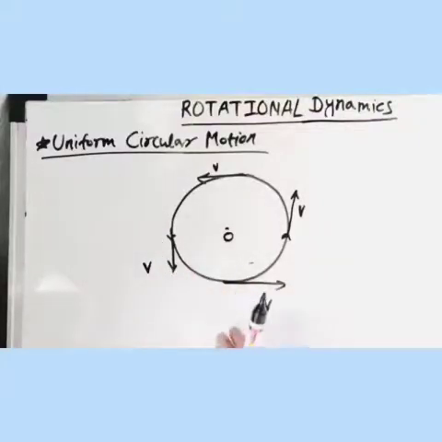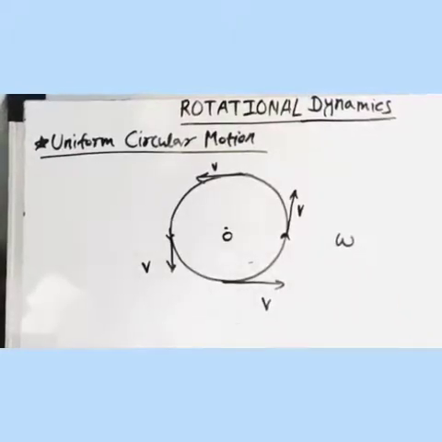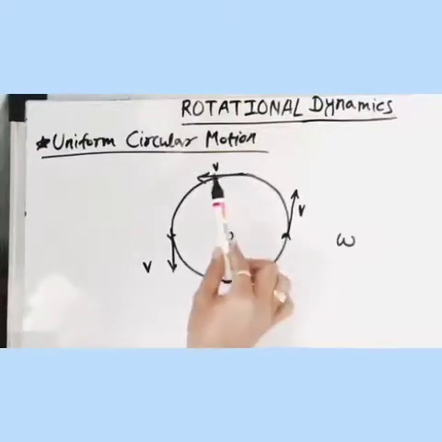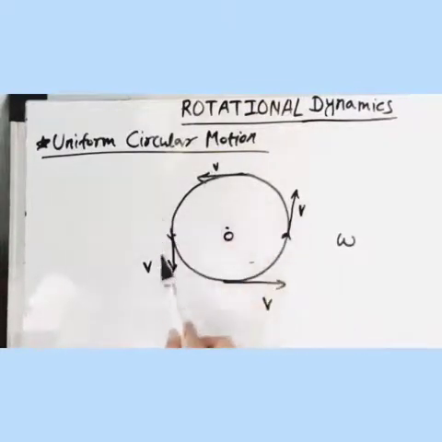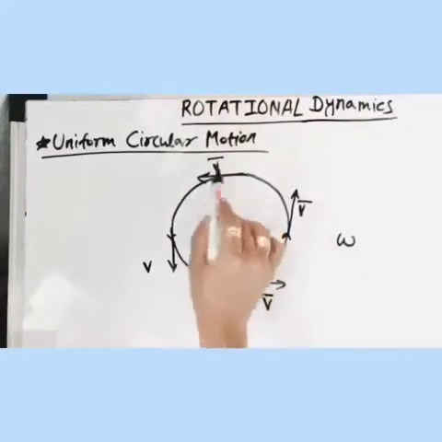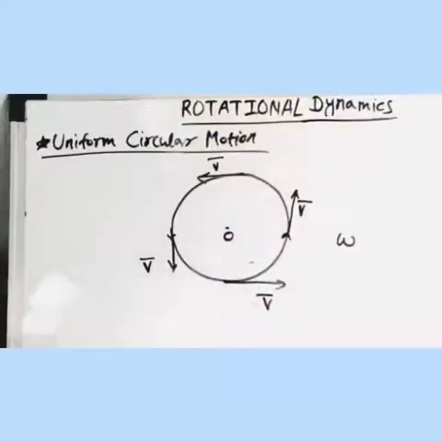We can also define uniform circular motion as motion of a particle along the circumference of a circle with constant angular speed. Angular speed means omega. In this uniform circular motion, at every point the magnitude of the speed is constant. But if you are talking about the velocity, then even though the magnitude is the same, the direction is continuously changing.